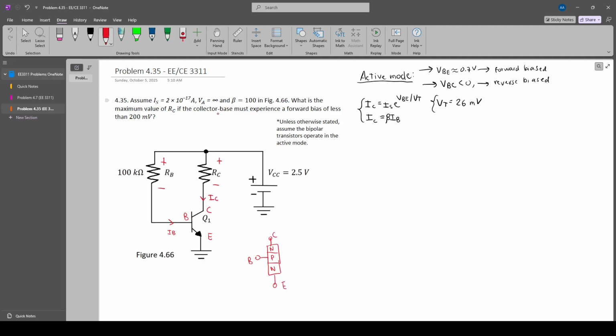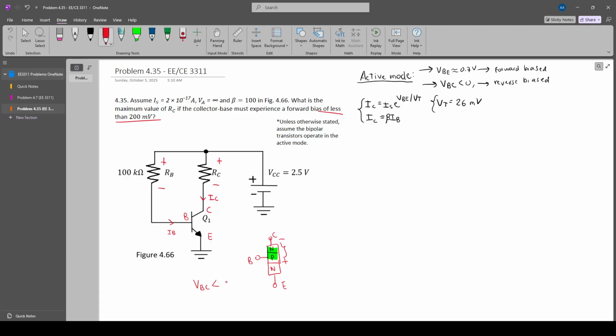So they're telling us that the collector base must experience a forward bias of less than 200 millivolts, right? The collector base junction will be this PN junction. So that means that this PN junction has to be forward biased. That means that the voltage here has to be greater than the voltage here. So in that sense, we can say that the voltage across BC, so the voltage at this point with respect to this point, has to be less than 200 millivolts.